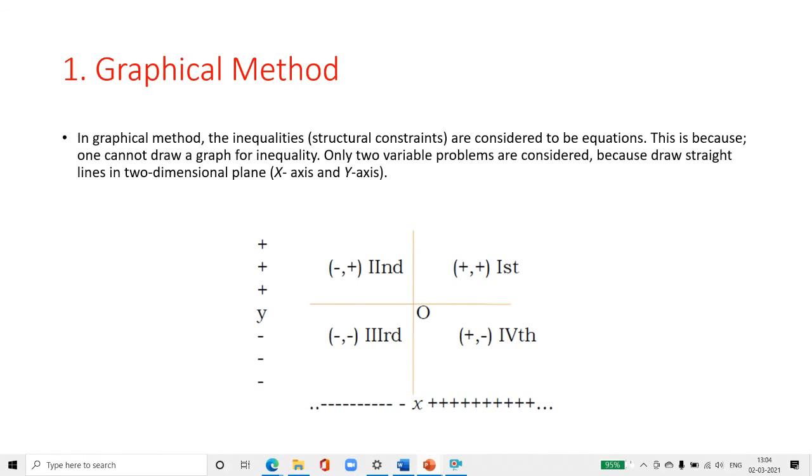For the fourth, the first value is plus and the second value is negative. But in a linear programming problem, all the decision variables and constraints are non-negative values. Only positive values are considered here, so the graph is in the form of the first quadrant.